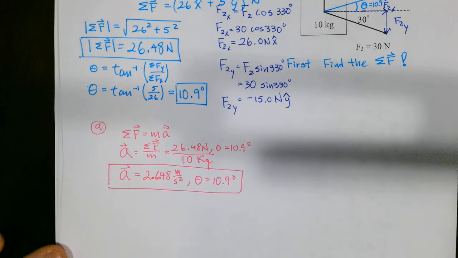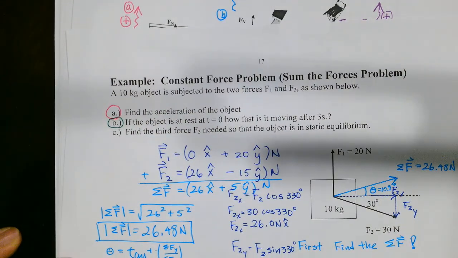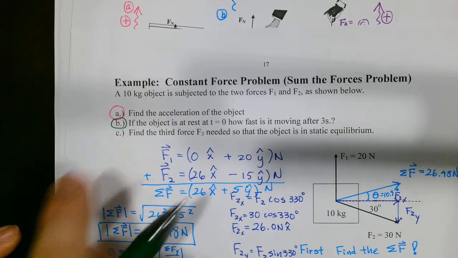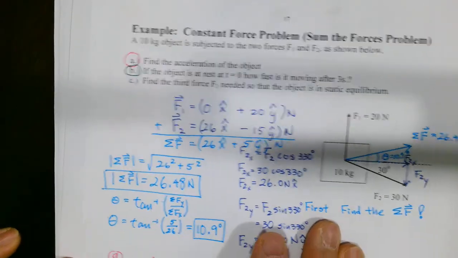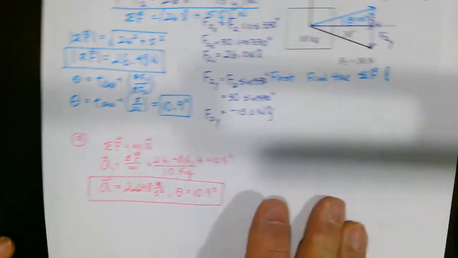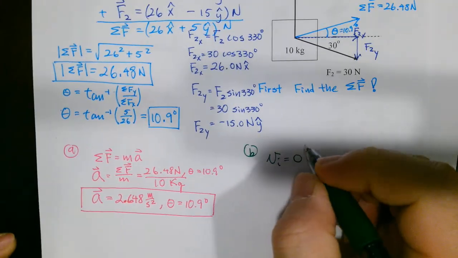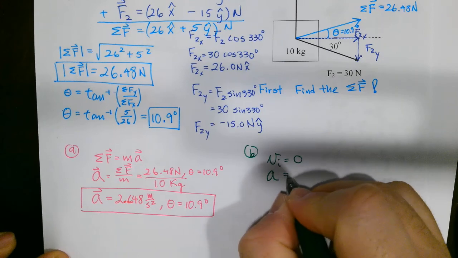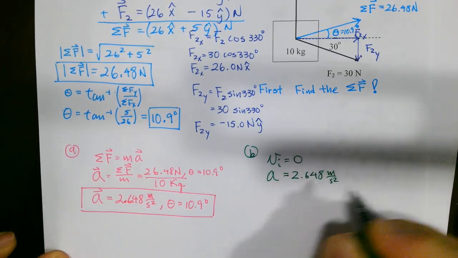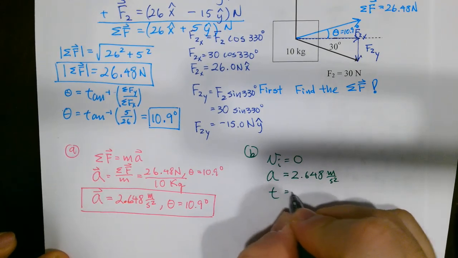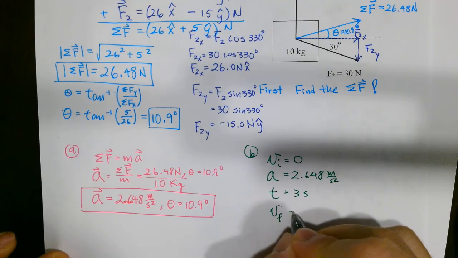All right, what about part B? If the object is at rest at t is equal to 0, how fast is it moving after 3 seconds? So for part B, you know initial velocity is 0, acceleration is 2.648 meters per second squared, and t is equal to 3 seconds. I'm looking for VF.